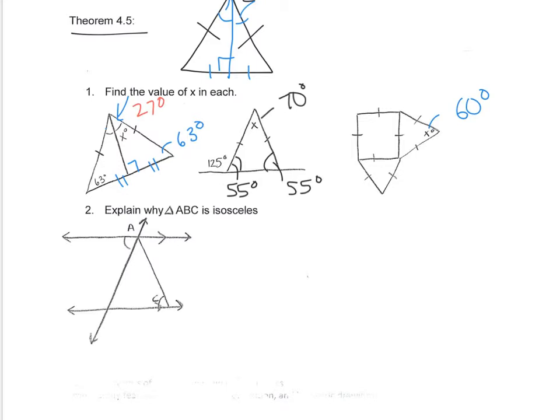And then number 2, explain why triangle ABC is isosceles. So this angle is congruent to this one because these two lines are parallel. These blue angles are alternate interior angles. So if these two angles are congruent, that means their sides are congruent and it's isosceles.